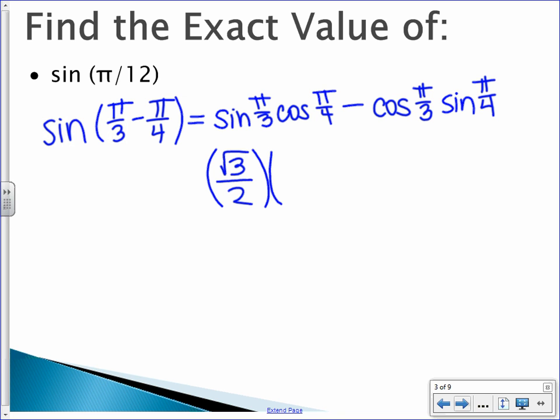What's the cosine of pi over 4? Square root of 2 over 2. Minus. What's the cosine of pi over 3? 1/2. And the sine of pi over 4.